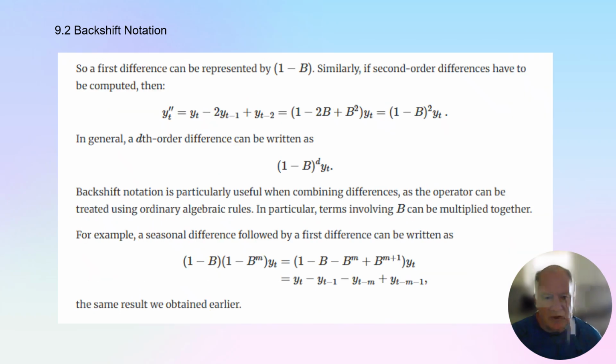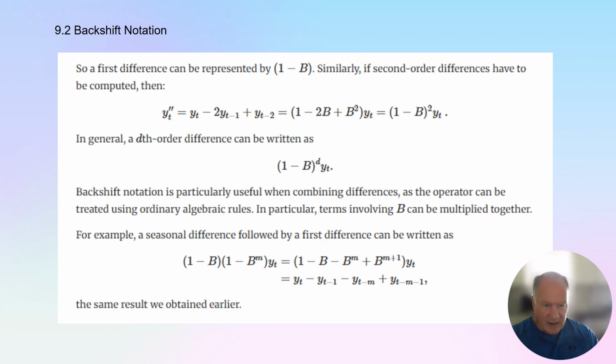So it's just an easier way to write these things. If the first differencing is 1 minus B, similarly the second differencing becomes this. In general, the dth order difference can be written as 1 minus B raised to the d, y of t.